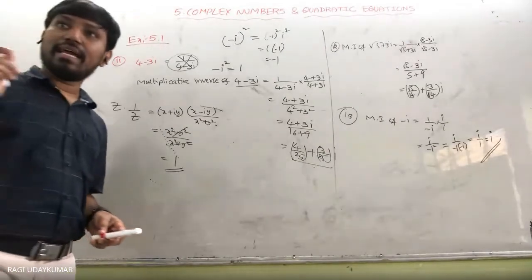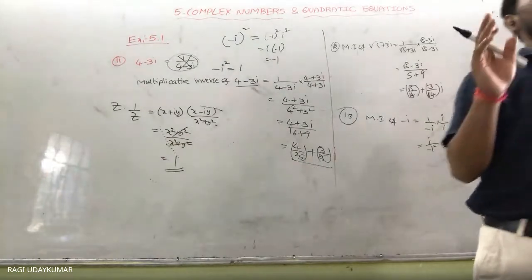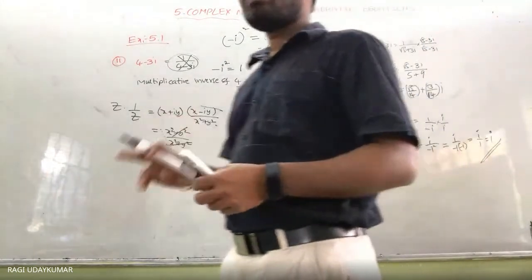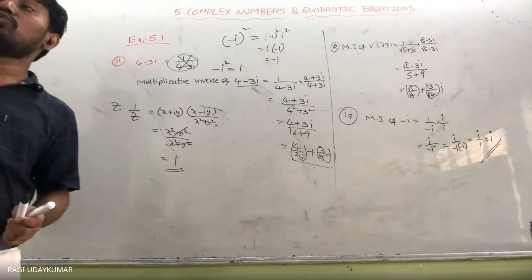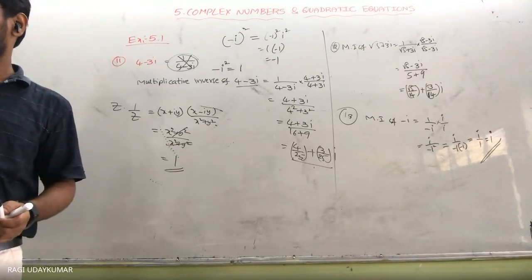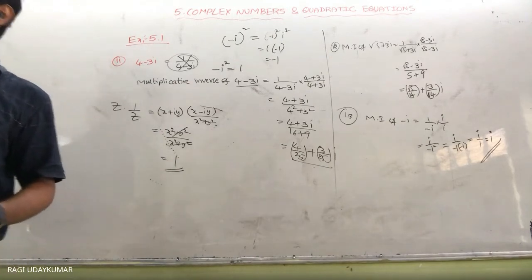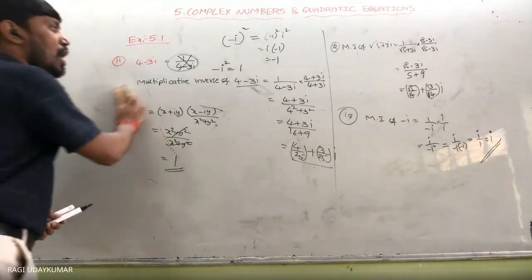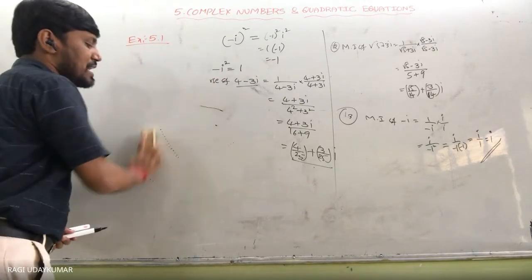The product of a complex number with its multiplicative inverse is equal to 1. So 1 is called the multiplicative identity. In the complex numbers, what is called the multiplicative identity?